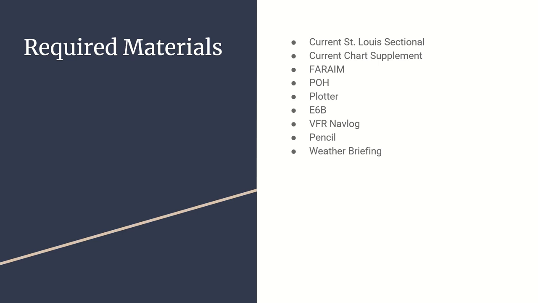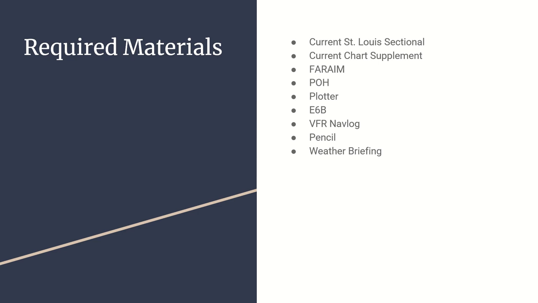You also need the chart supplement. The last time I bought a paper chart supplement was back in 2018, and I still have those relics in my office. So what we'll do for this cross country is we'll just go online and search up the chart supplement information. The chart supplement is exactly as the name implies.